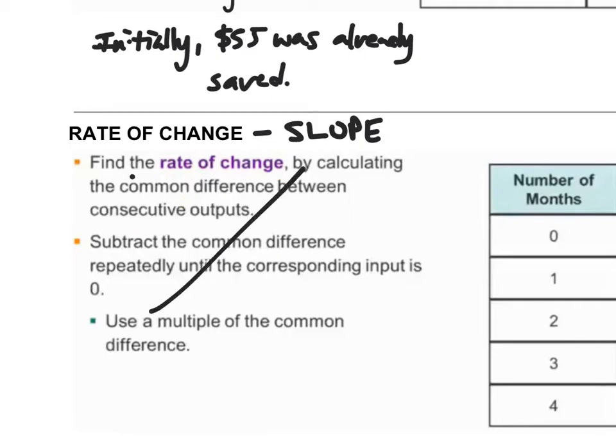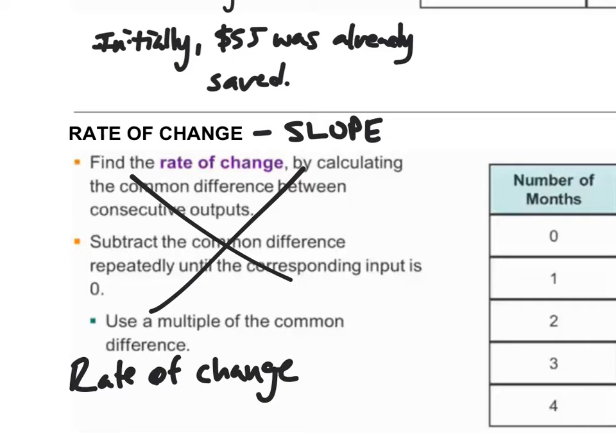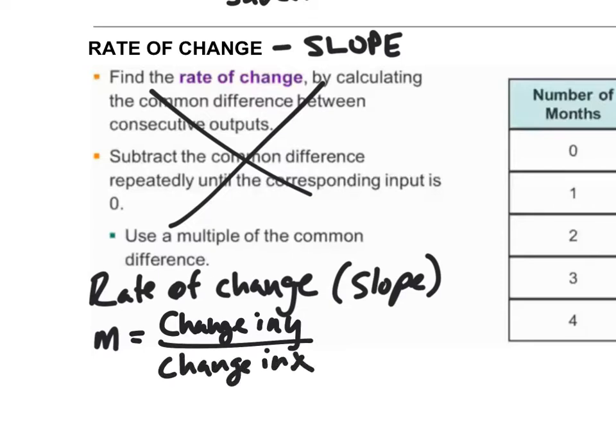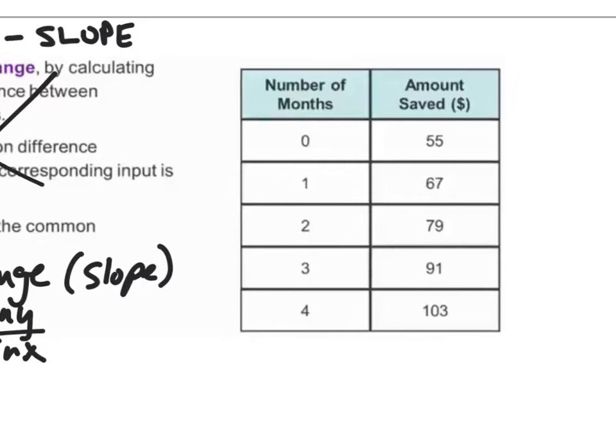The rate of change, which is your slope, we use the variable m, okay? And what we do is we take the change in y divided by the change in x.